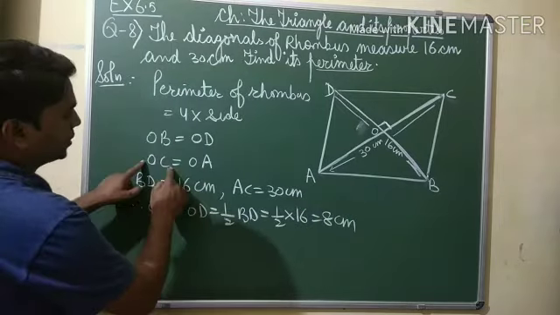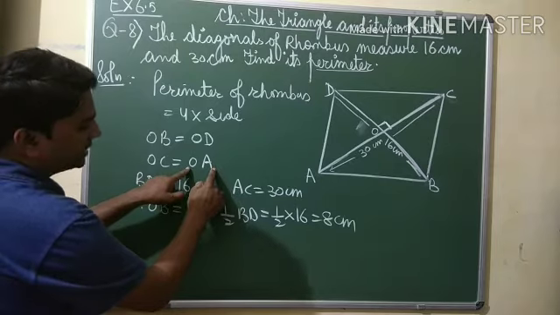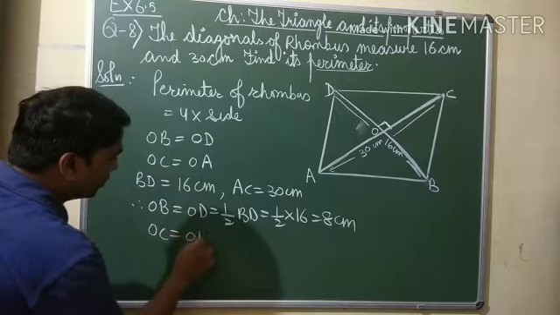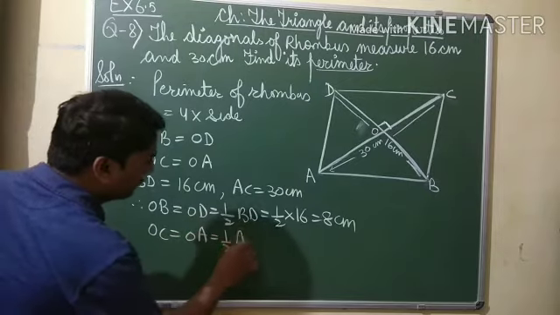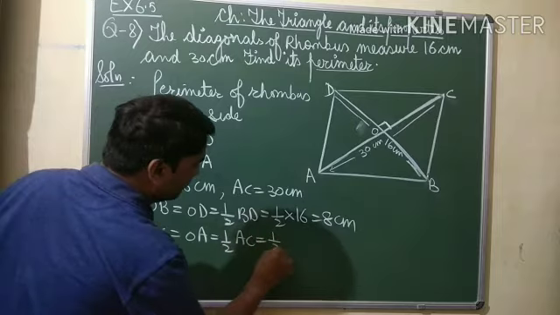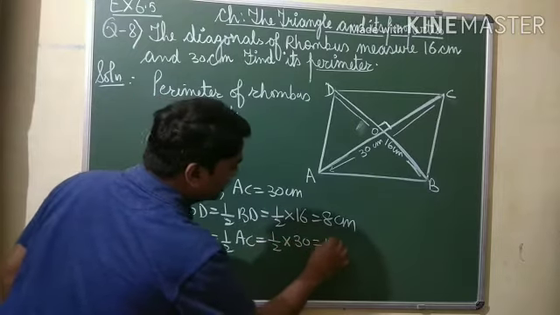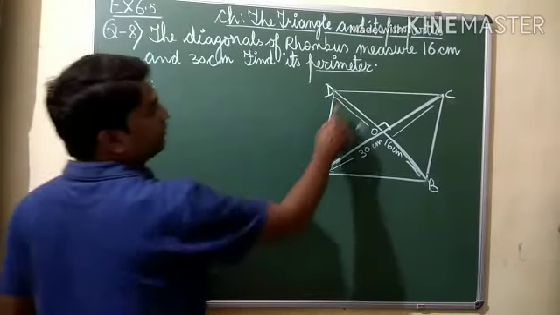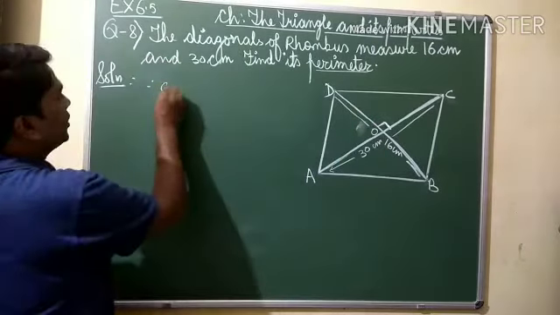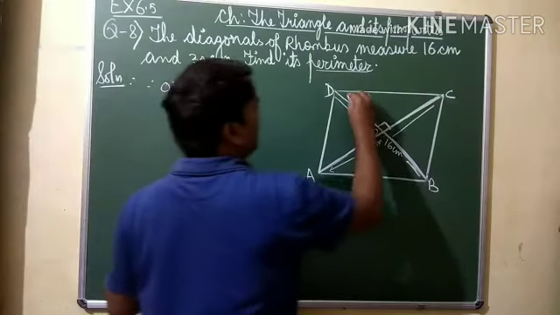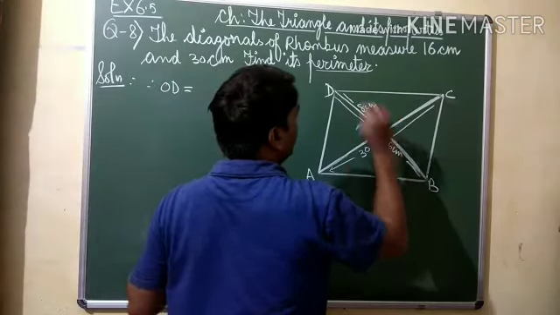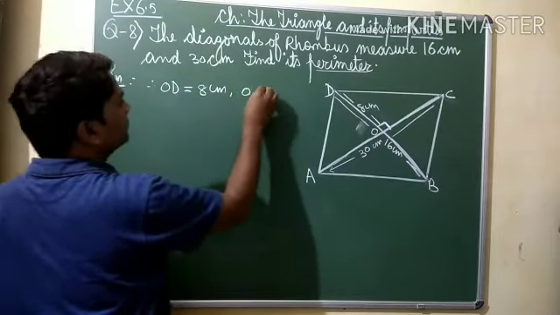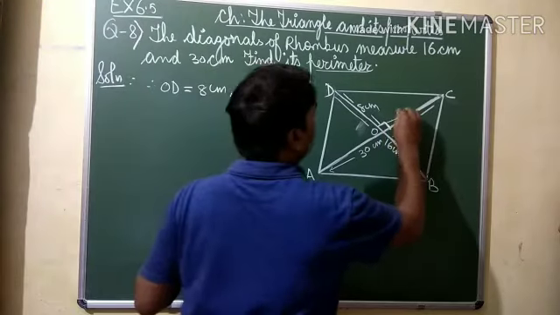And OC and OA are same and it will be equal to half of AC, which is equal to half multiplied by 30, which is equal to 15 centimeter. Therefore, from the figure, it is clear that OD equal to 8 centimeter and OC equal to 15 centimeter.